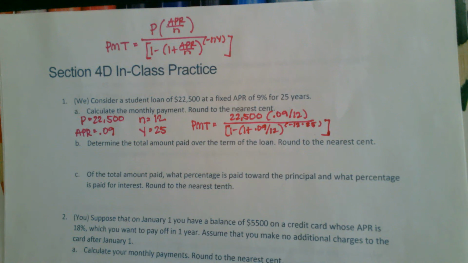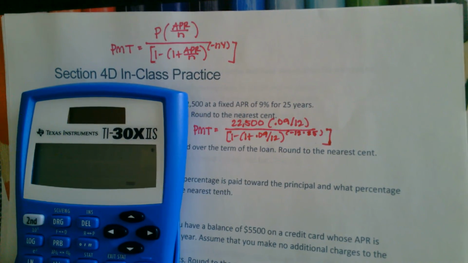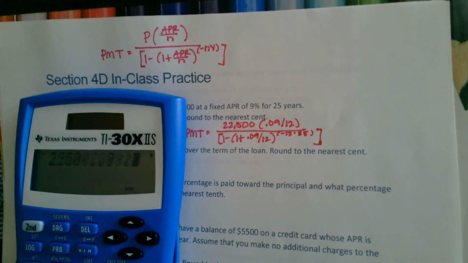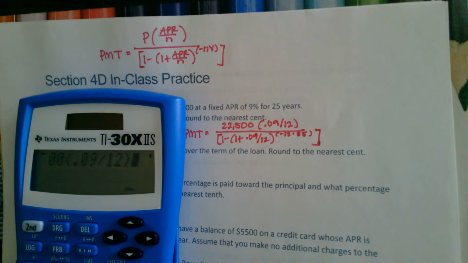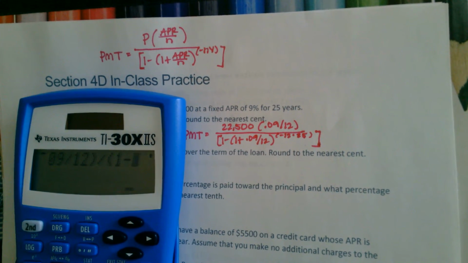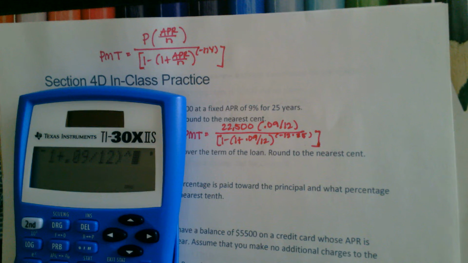Okay, so putting this in the calculator, I have 22,500 times parenthesis 0.09 divided by 12 parenthesis, and that's the top, so I do divided to get to the bottom, and then parenthesis 1 minus parenthesis 1 plus 0.09 divided by 12 parenthesis caret parenthesis.